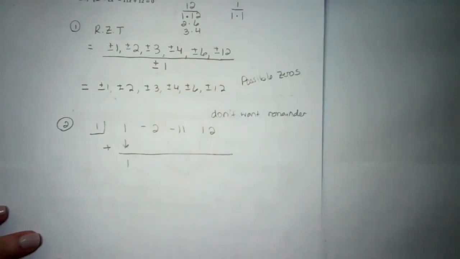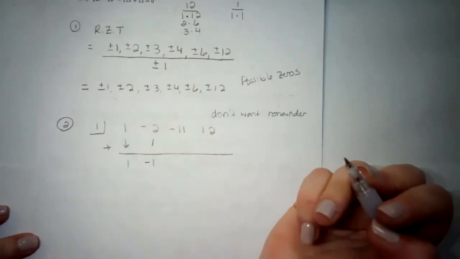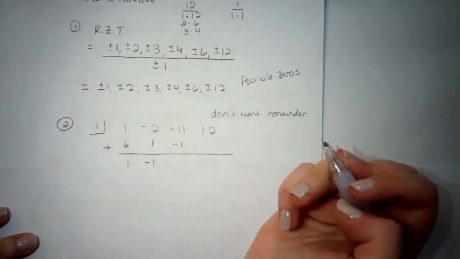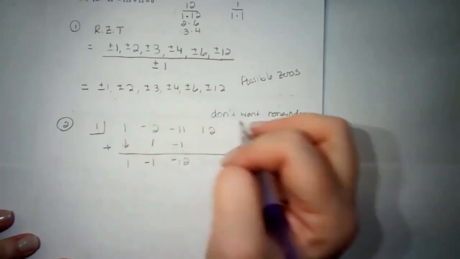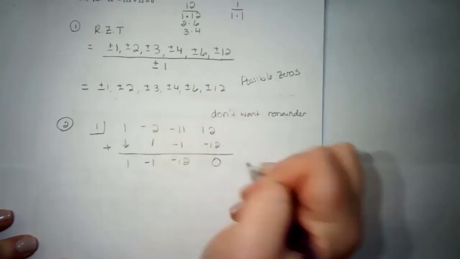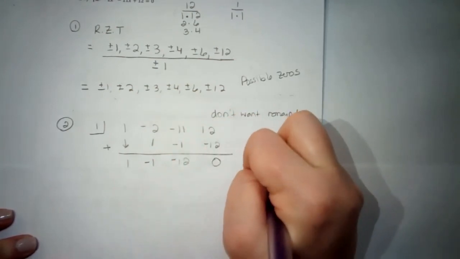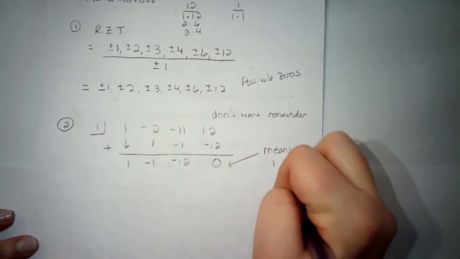Here we go. 1 times 1 is 1. Add that, gives me -1. 1 times -1 is -1. We add, we get -12. 1 times -12 is -12, we have a 0. Good, so we do not have a remainder. This means that 1 is an answer.